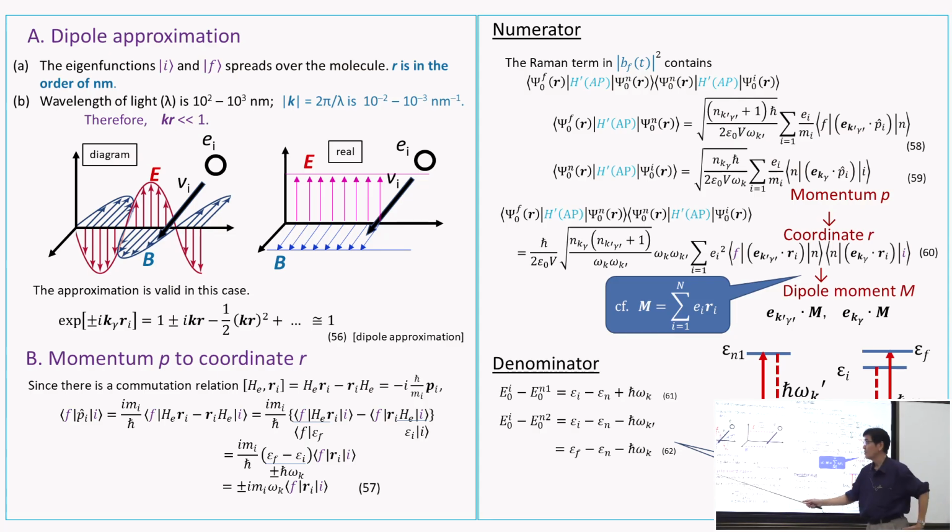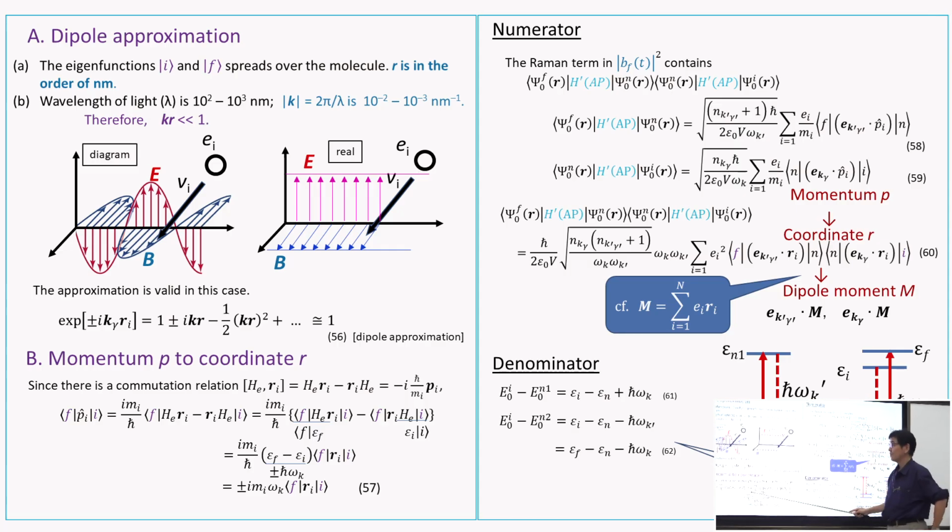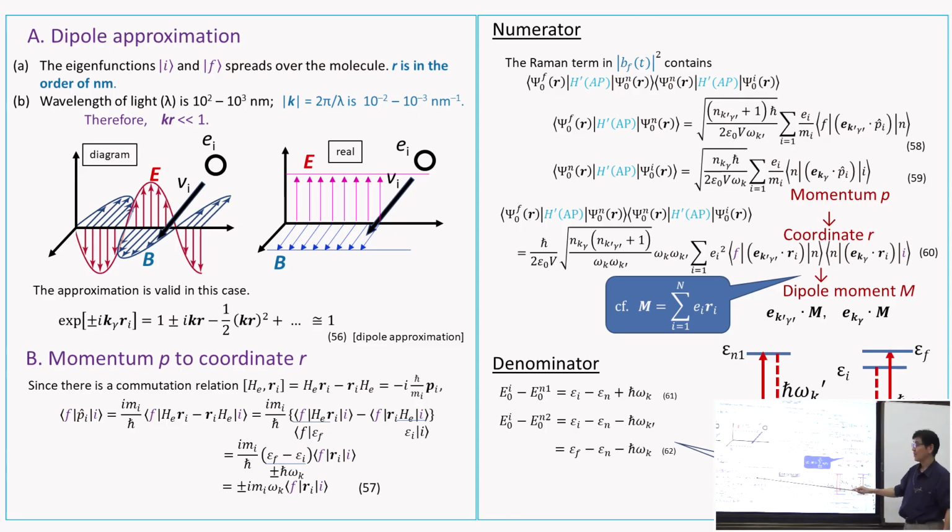One more point is that we can convert a momentum operator to a coordinate. Generally, the textbook of quantum mechanics tells us that there is a commutation relation between the Hamiltonian and the R coordinate. That is minus i h bar over m times p i.